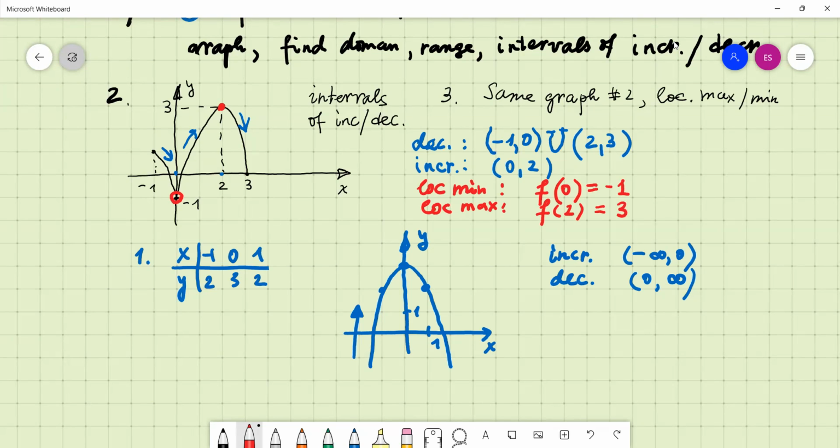Do we have global minima or maxima? Actually, if you look at the picture, this local minimum and maximum are also the smallest and the highest points. So they are global too. Both minima and maxima are global because they're the highest and lowest points. Okay, so I'm going to write down minimum here and maximum here. Okay, that's all for this lecture and thank you for your attention.